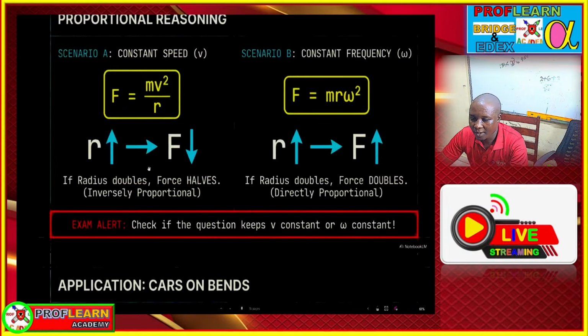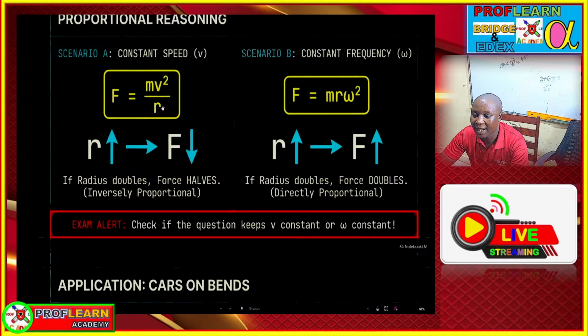From these formulas, you may be given a question that asks how radius and centripetal force affect each other. We need to understand that when the radius increases, the force decreases. So if the radius doubles, the force halves. This is from the concept of all the aspects that are being seen here.